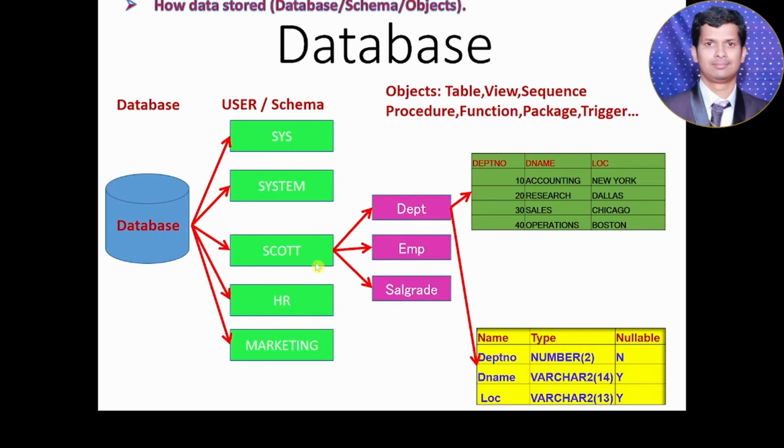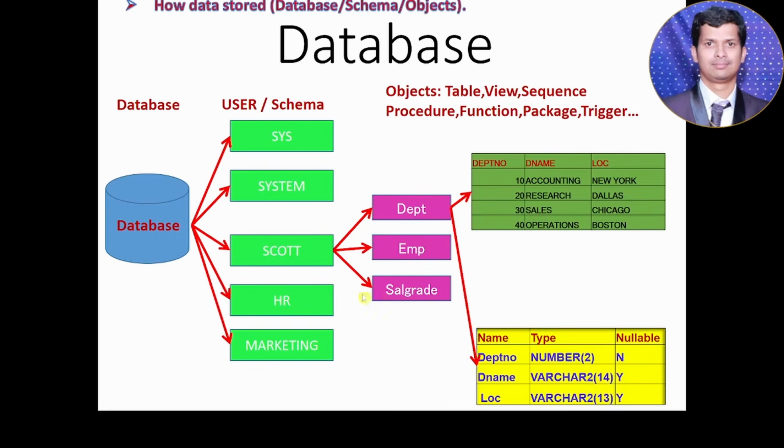If this Scott accesses other tables that are present in the HR schema, let's say inside the HR schema one different table is present and that table is accessible to the Scott, in that case Scott can access that table name and table details of the HR, but it cannot access other tables.